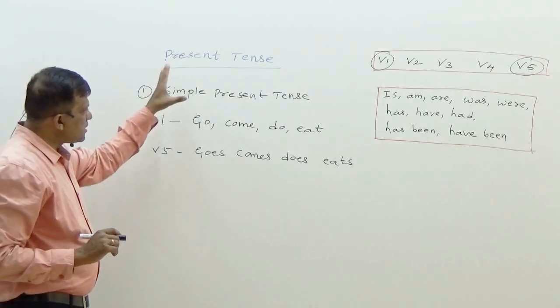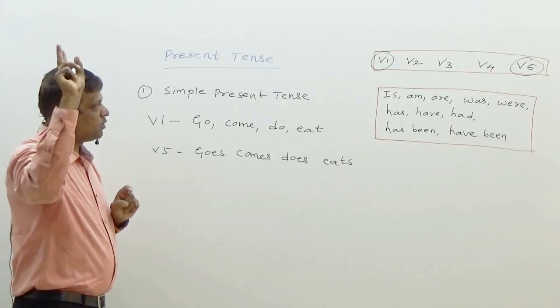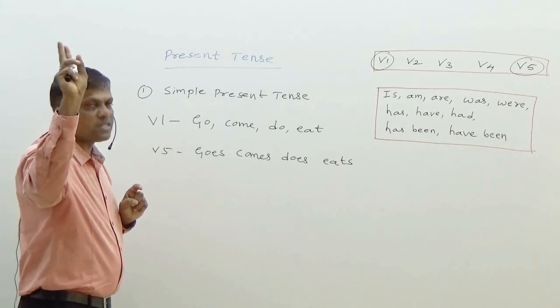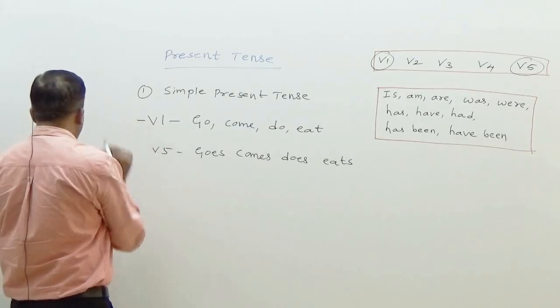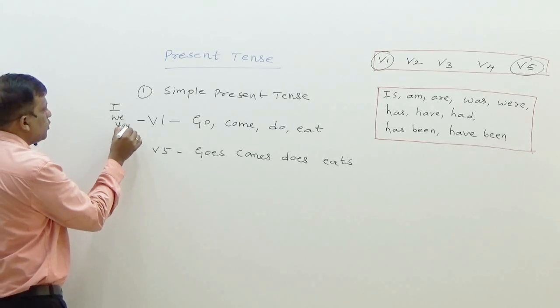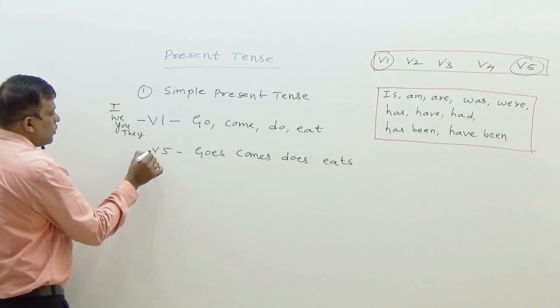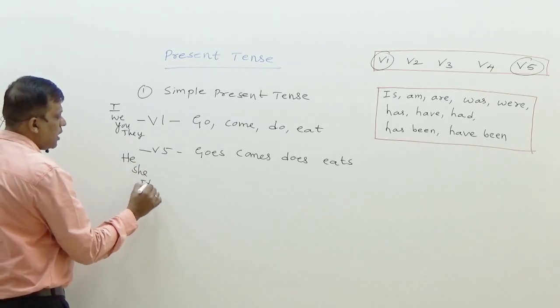Very simple. In simple present tense, we use only two forms of verbs. One is V1 and the other one is V5. V1 is used for I, we, you, they, whereas V5 is used for he, she, it.